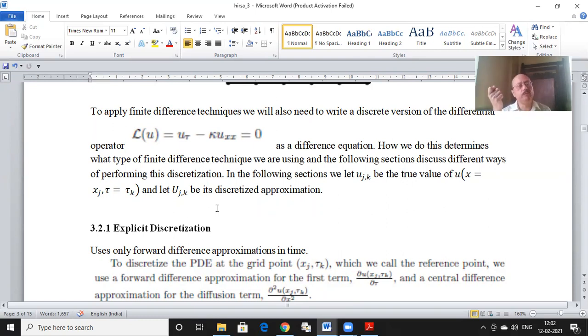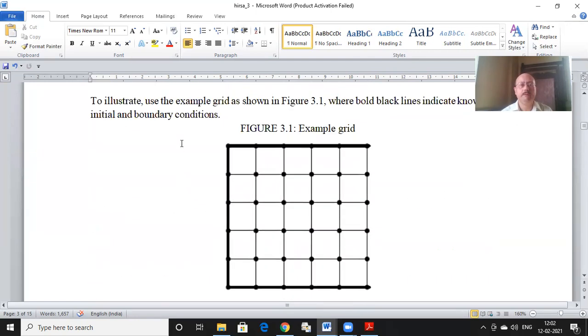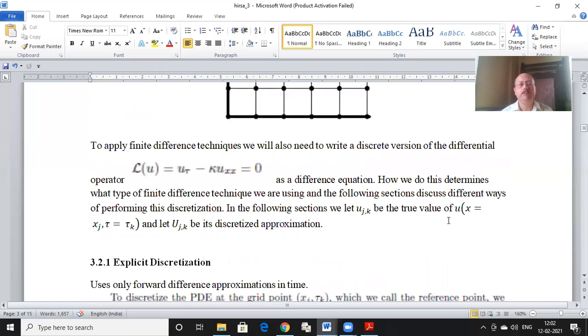Because u is an unknown function, except at the initial and the boundary condition places, the functions are known only here on the bold lines. So we will be using the capital U mostly. So capital U for inside the box.